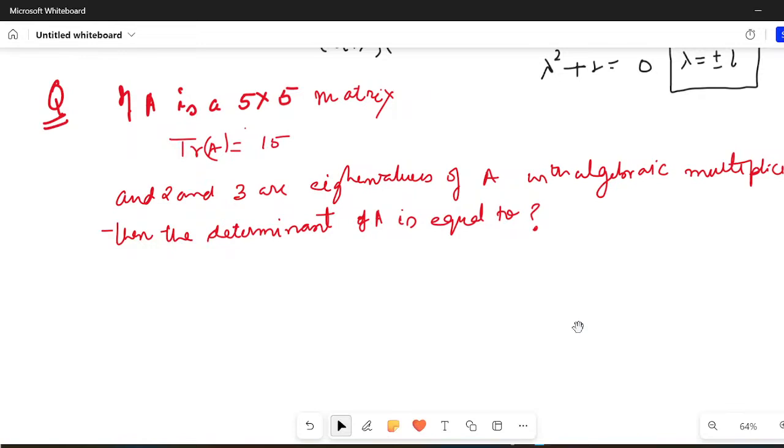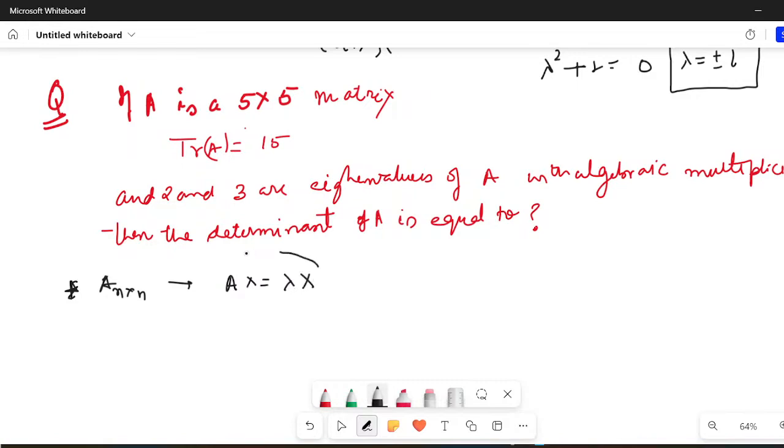To recollect yesterday's lecture, I told you that if A is an n cross n matrix and satisfies Ax is equal to lambda x, let us say this is your eigenvalue equation, then the characteristic polynomial of this particular equation will be what?